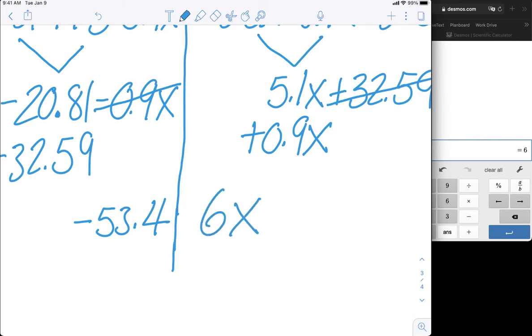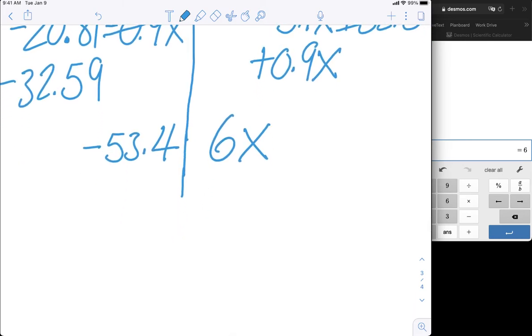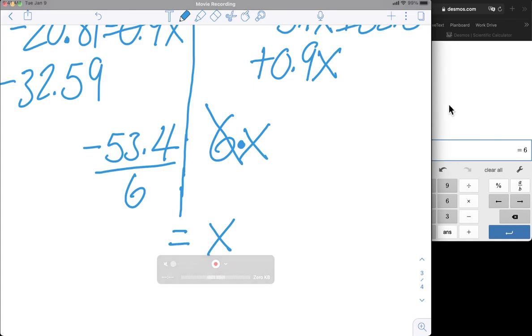Now remember, 6x means 6 times x. So the opposite of multiplying by 6 is dividing by 6. So I multiply 6 and divide by 6. So x is equal to negative 53.4 divided by 6.